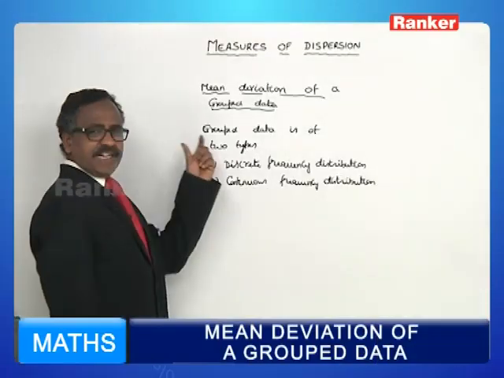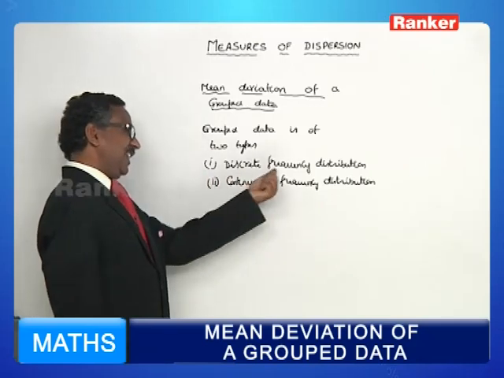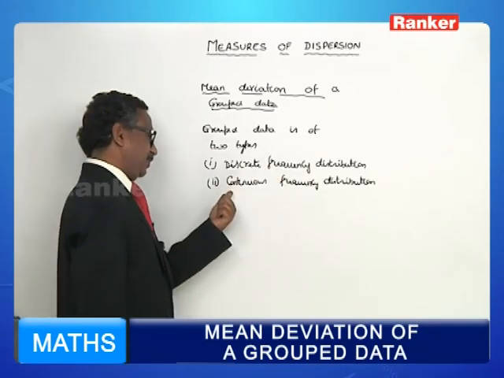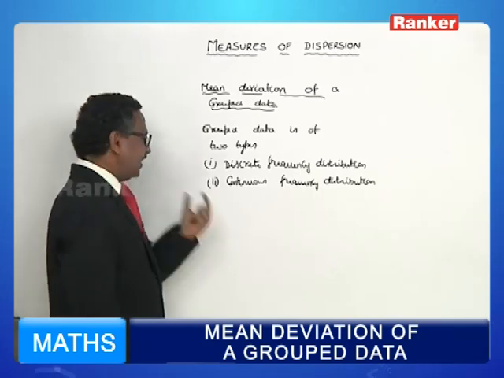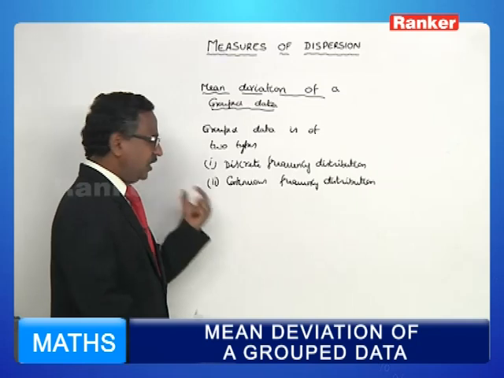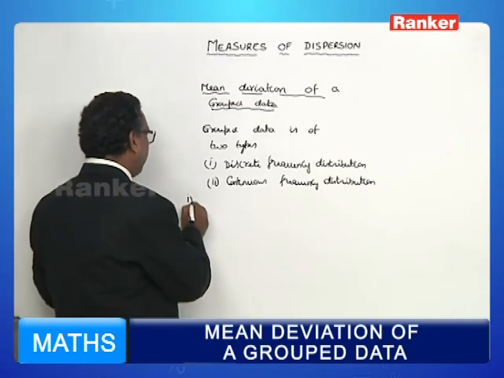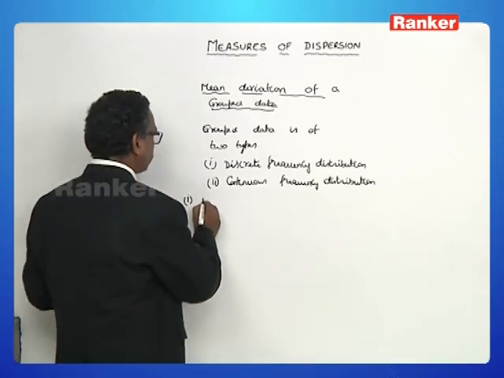Now grouped data can be classified into two types. One is discrete frequency distribution and the other one is continuous frequency distribution. What is discrete frequency distribution?